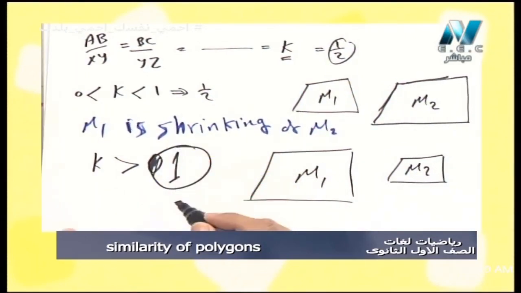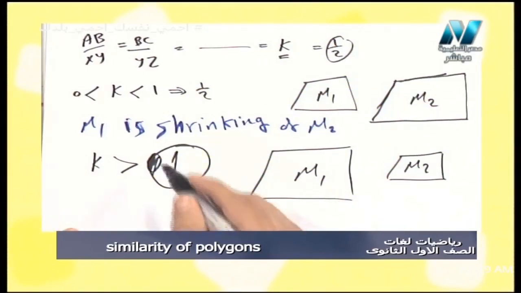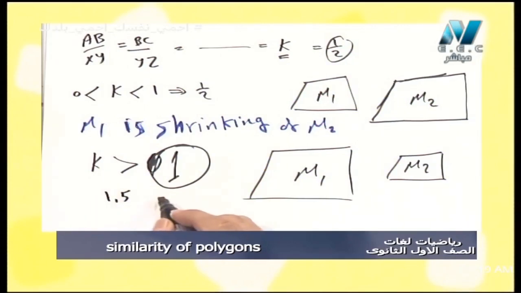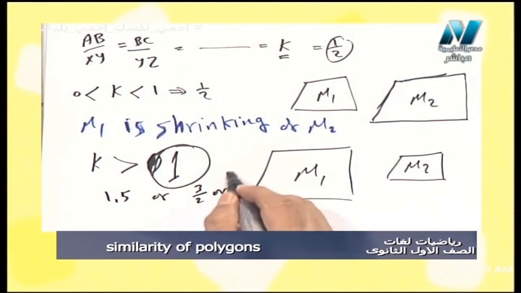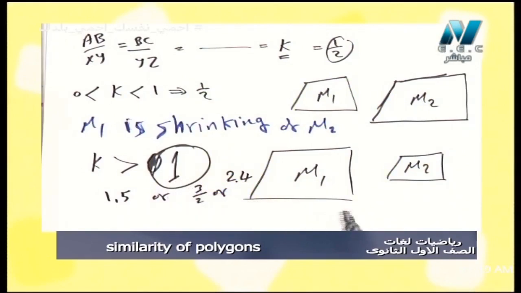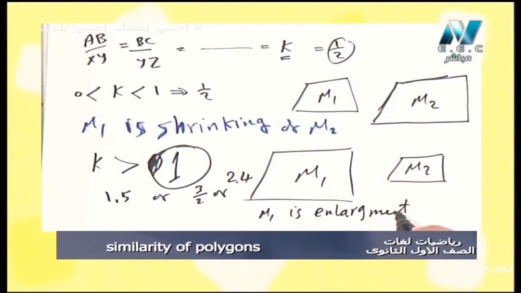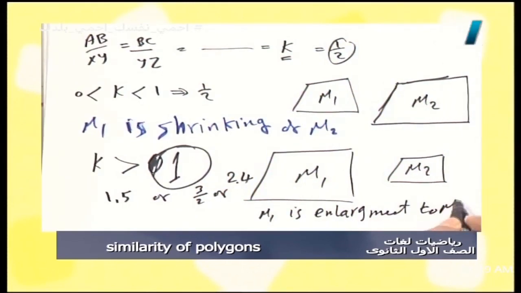So if K, which is the ratio of similarity, is greater than 1, say 1.5 or 3/2 or 2.4, it's greater than 1. If K is greater than 1, then M1 will be an enlargement of M2.